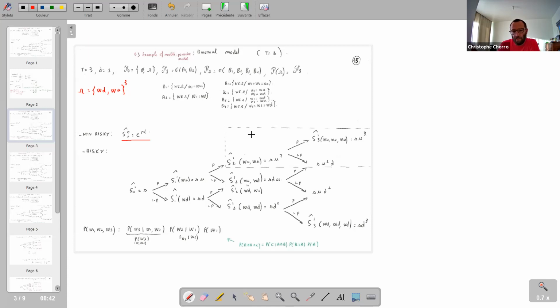And what is the meaning of this binomial tree? It means that at any period, between two periods, I can go up or go down, with a return that will be U in the best case, when I go up, and D when I go down.